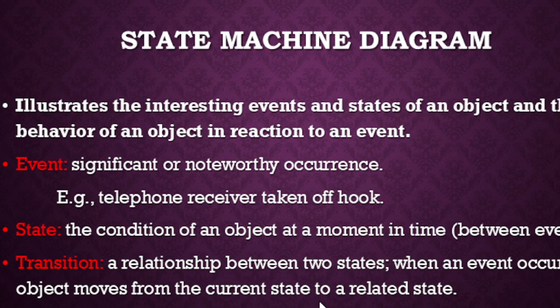So the state machine diagram illustrates the interesting events and states of an object and the behavior of an object in reaction to an event. The state transition diagram basically captures all important, noteworthy, relevant events, all those events to which the object has to respond.